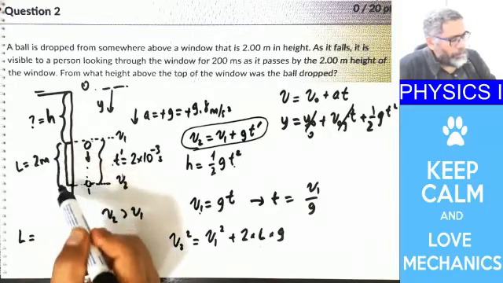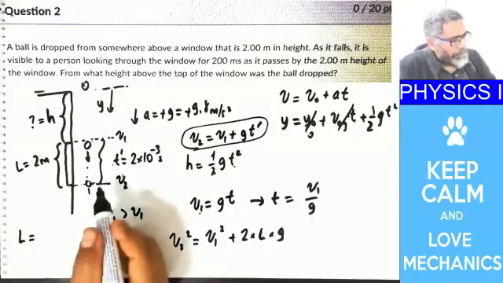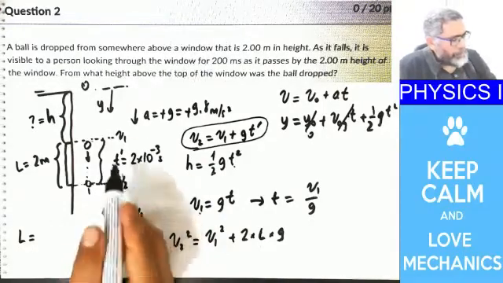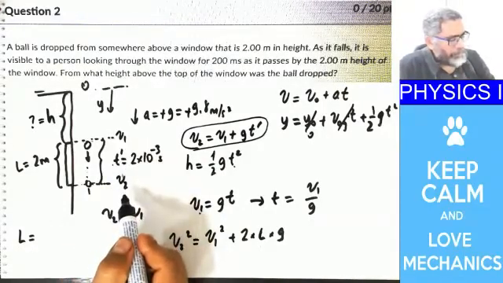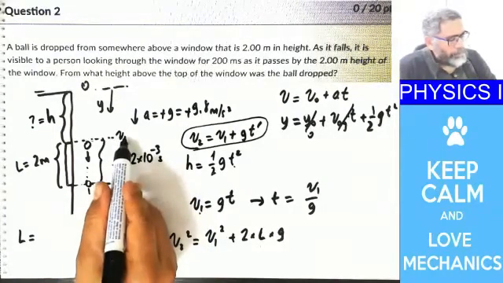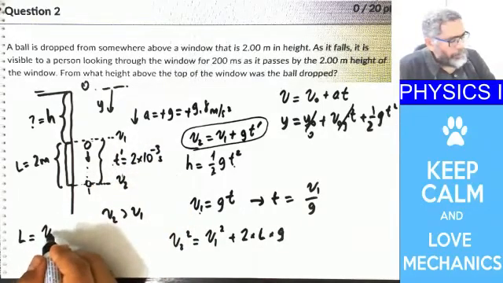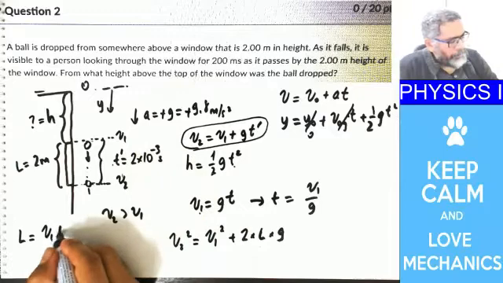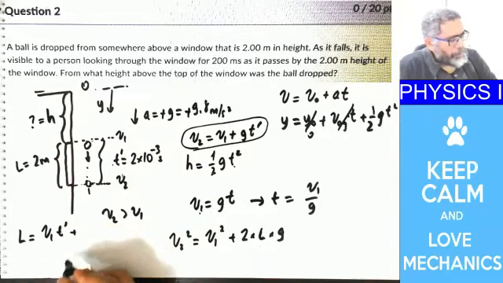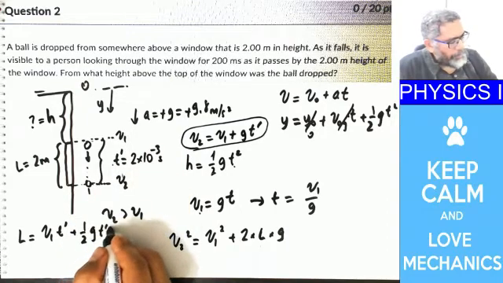So to get this 2 meters, L can be expressed in terms of V1 and T prime, right? That's what you say. V1 is going to be the initial velocity, so let's put V1 T prime plus 1/2 g T prime squared.